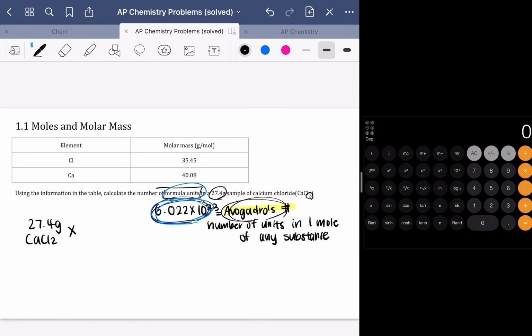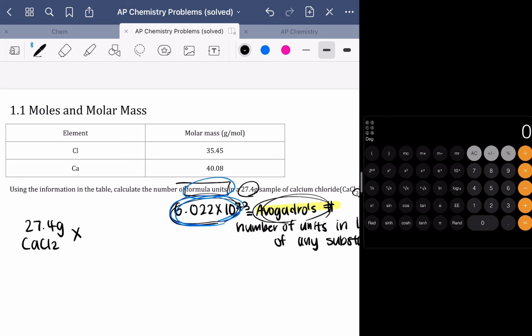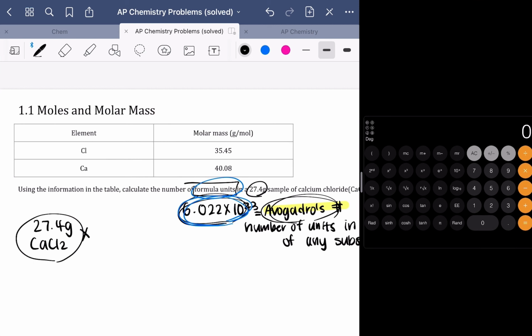In order to convert moles into Avogadro's number, we need to convert this gram amount using the molar mass of calcium chloride. So 1 mole of calcium chloride is equal to, we have the molar masses, we just need to add them up.